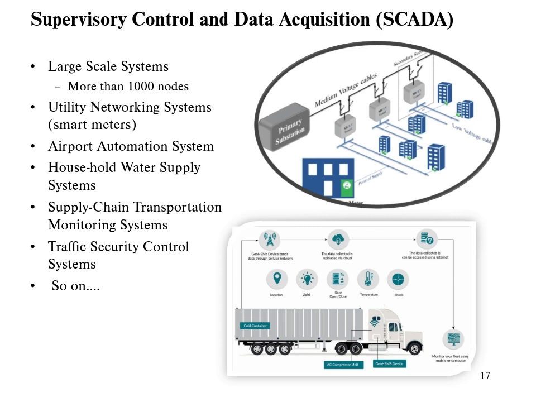Let us know about supervisory control and data acquisition, which is called SCADA. SCADA is used for large scale applications, such as utility networking systems, airport automation systems, household water supply systems, supply chain transportation monitoring systems, or traffic security control systems. These are the large scale applications where you have more than thousands of nodes, thousands of controllers connected into a network.